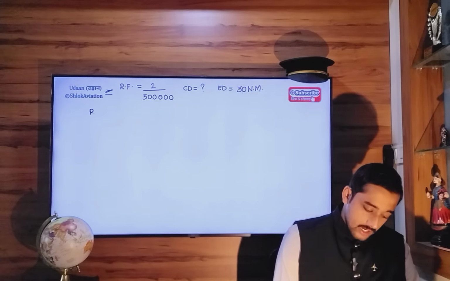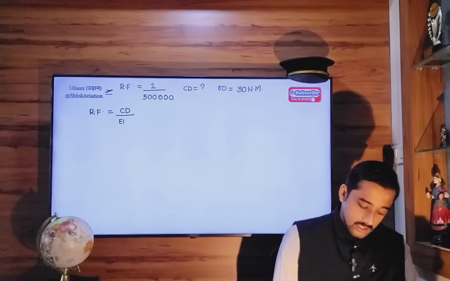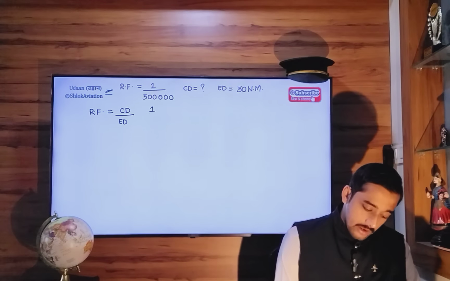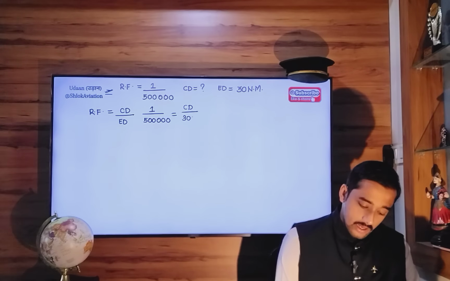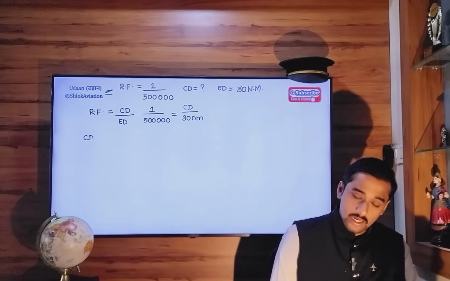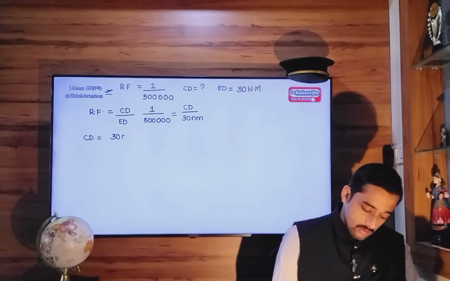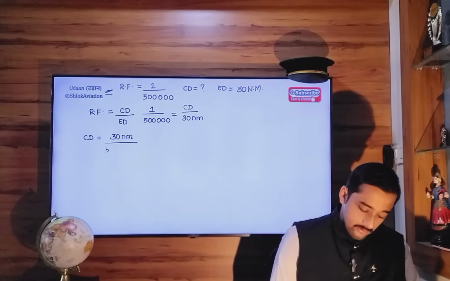So representative fraction equals chart distance upon earth distance. 1 divided by 5 lakh equals chart distance, unknown, over earth distance, 30 nautical miles. Cross multiply: chart distance equals 30 nautical miles divided by 5 lakhs.